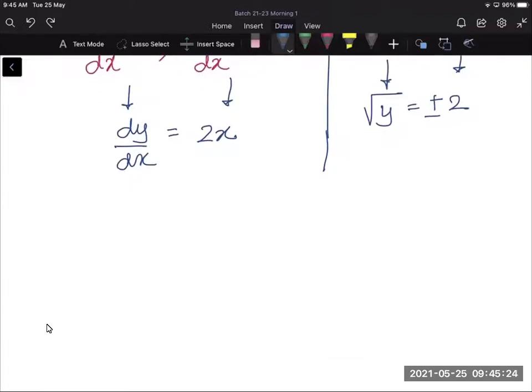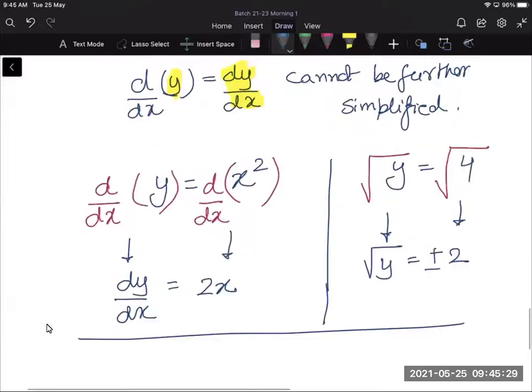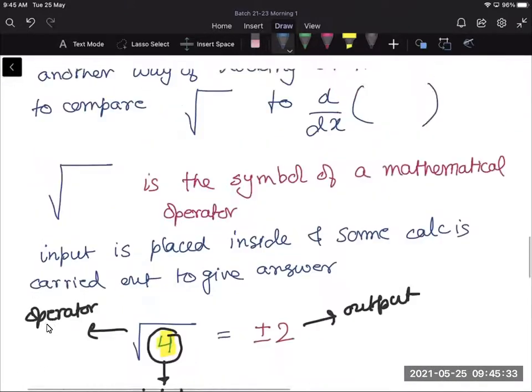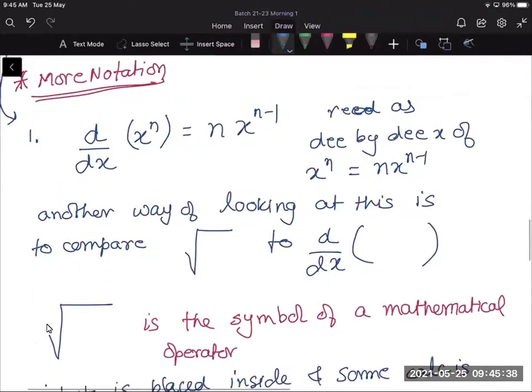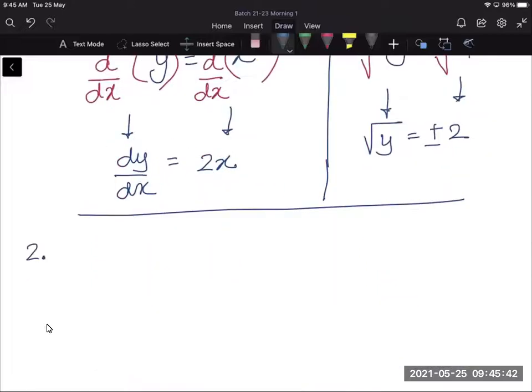Okay, so this was the first way of compressing this statement, right? Second way of compressing the statement is that if f of x is equal to x square, then f dash x is equal to 2x.